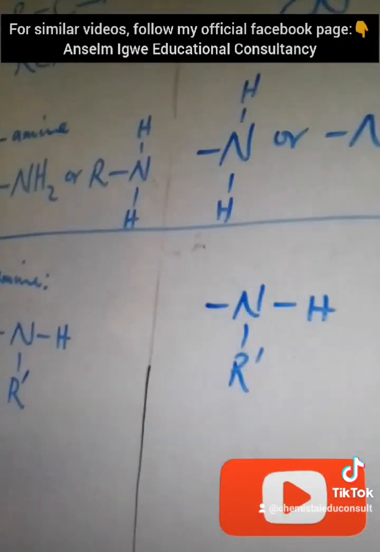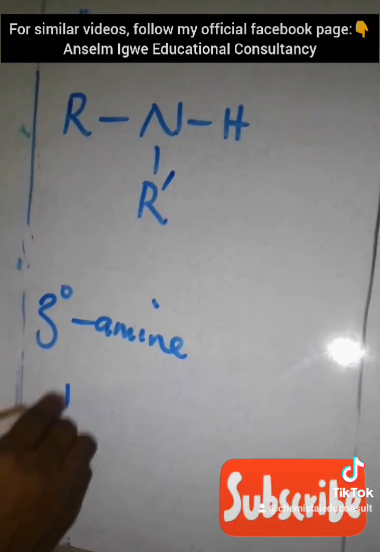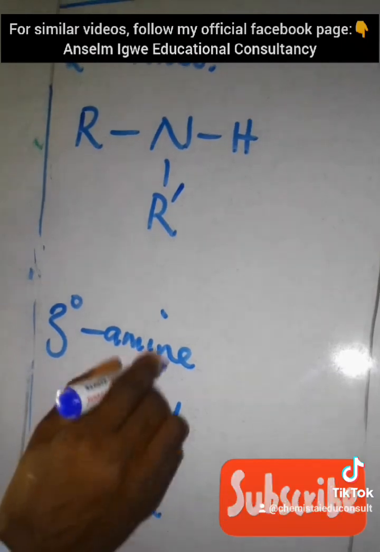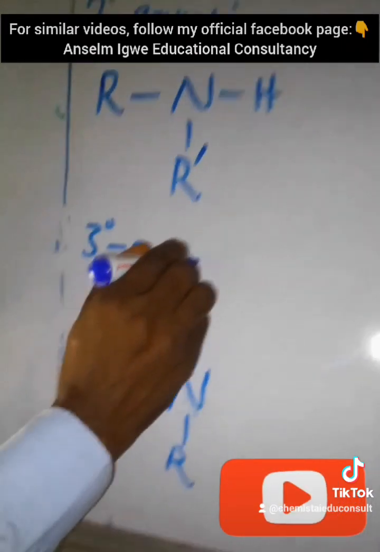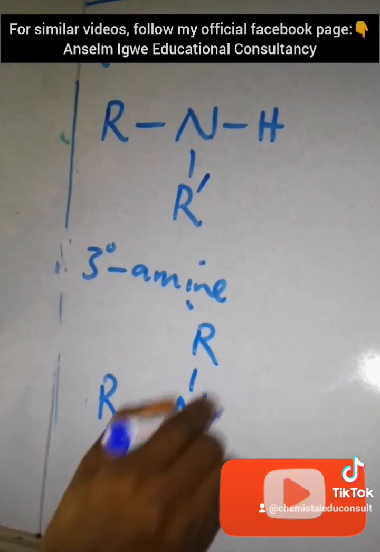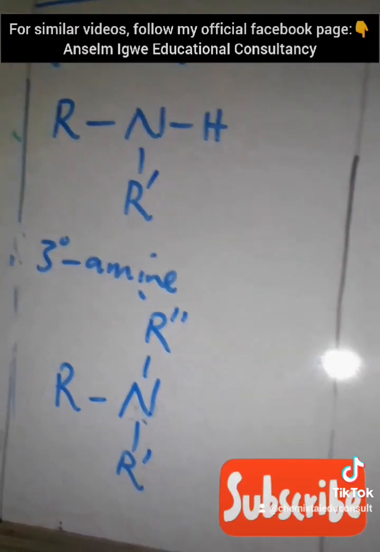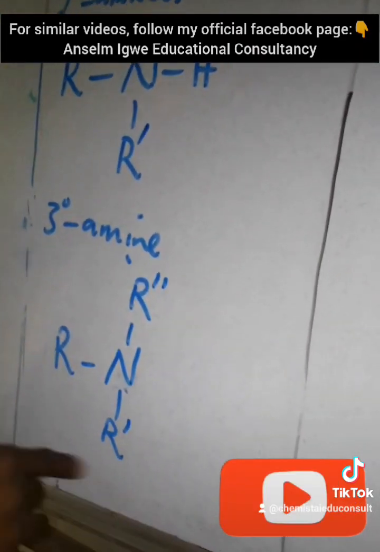Okay, we also have tertiary amine. The general formula is R, N, R prime, R prime prime. There is no hydrogen. Remember, nitrogen is trivalent, so if you put hydrogen here, it's wrong.